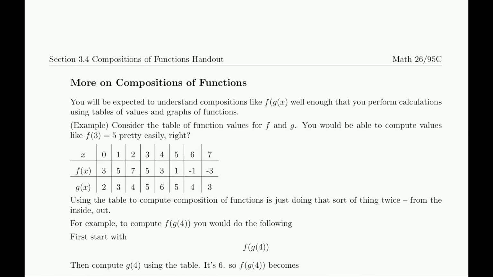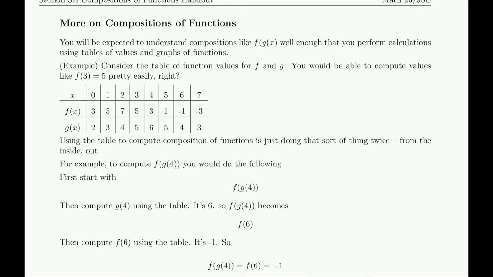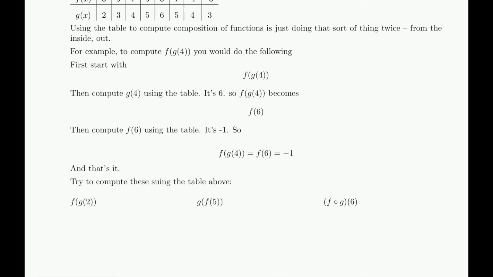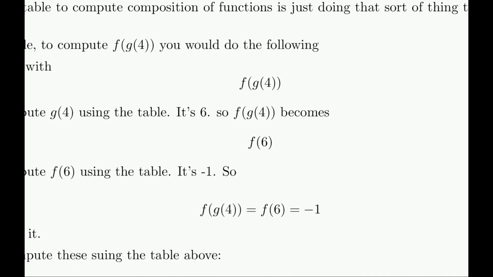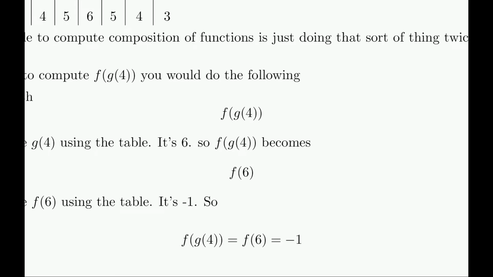Let's just think about composition of functions. If we wanted to calculate a composition of functions, we might be calculating numbers like f of g of 4. When you put a function in a function, that's called composition of functions. Now, how would you calculate numbers here?